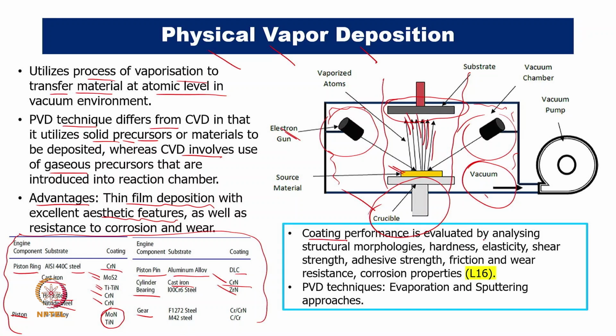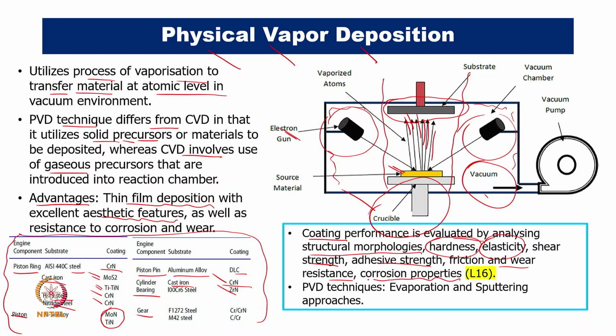Now the coating performance needs to be evaluated, particularly what is the morphology of the structure. If there is some sort of discontinuity, it needs to be improved. What is the hardness, what is the elasticity, what is the shear strength, particularly at the surface, and adhesive strength, friction and wear characteristics.